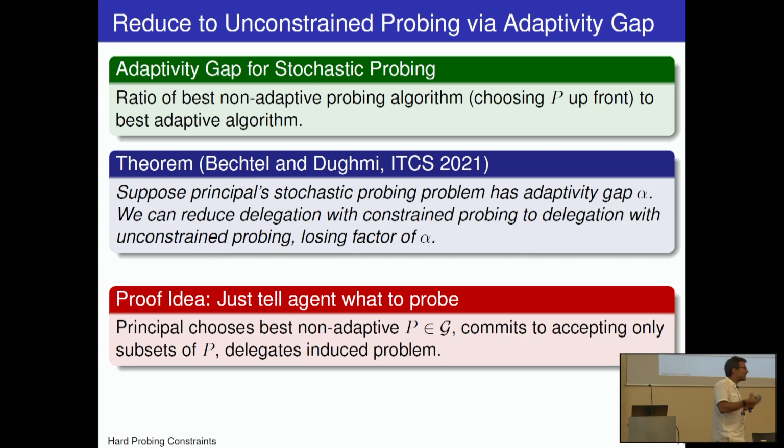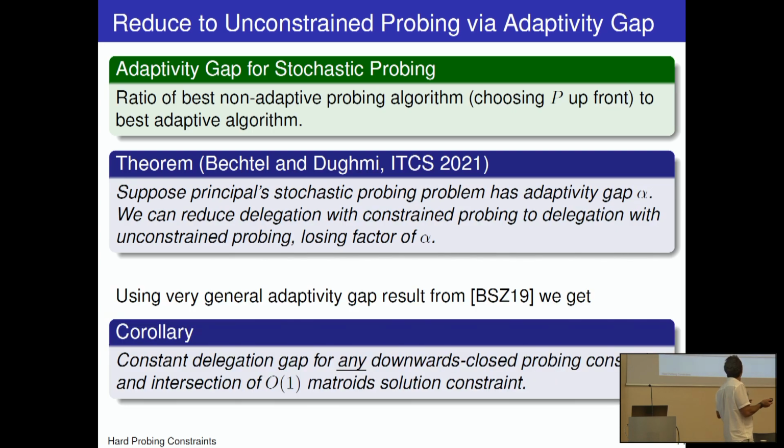In particular, tell them you're only allowed to probe this non-adaptively approximately optimal set, capital P, and I'm going to only accept those elements. So you're basically constraining the agent to probe this best non-adaptive set. So you lose a factor of alpha up front, and then you can do the profit inequality trick we did before. Okay? So the two things compose in the nice way that we'd hope.